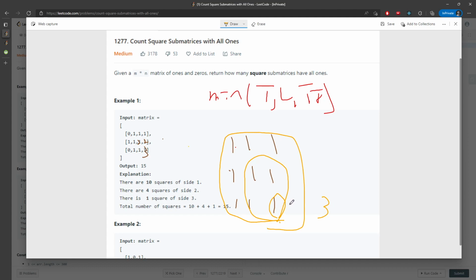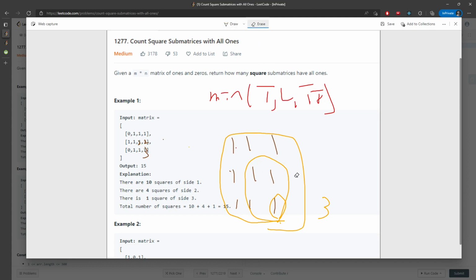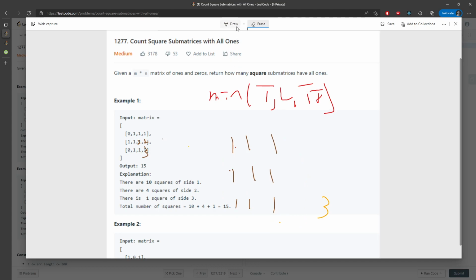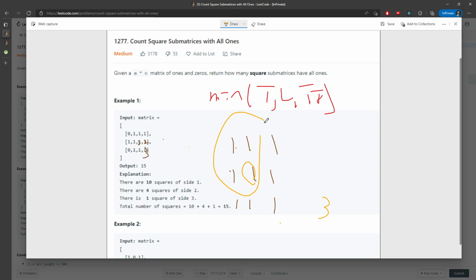So just add 3, and another one, and this is going to be 2. This is 1, and this is another 1. And this one doesn't count because you already counted it for the bottom right. So you only have 2.